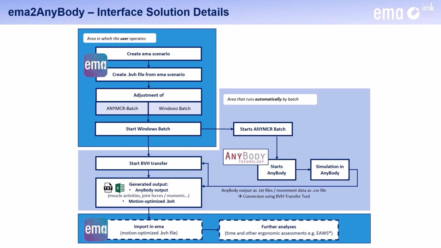Then we get an output like before, the AnyBody output, with muscle activities, joint forces, moments, and so on, as TXT text files or Excel files. But also, as I've shown in the video, the motion-optimized BVH file that we can re-import in EMA in the last step, and do our further analysis, as shown in the example, time and assessments like EAWS. This is how it works in EMA.